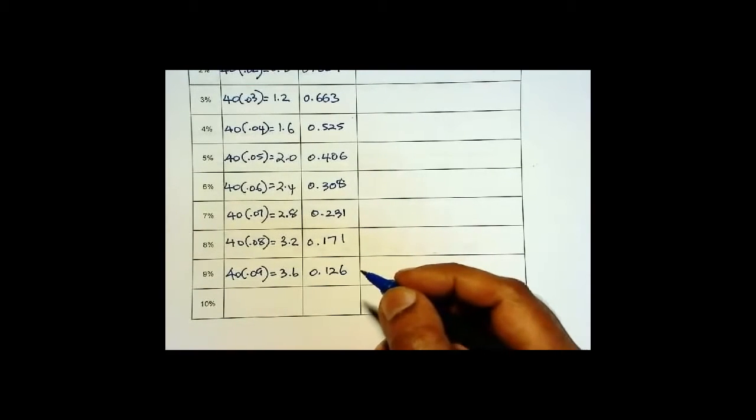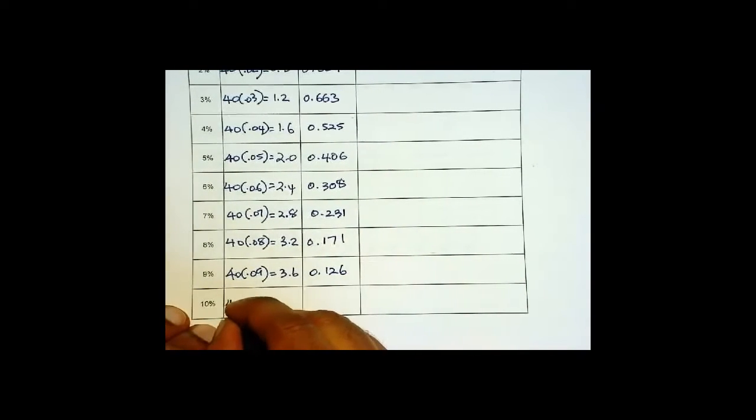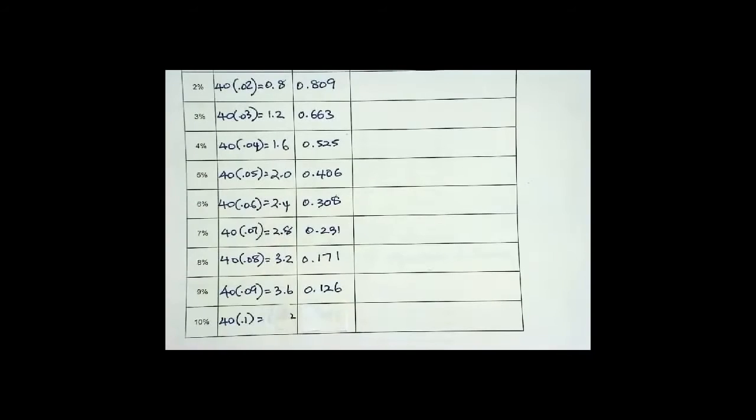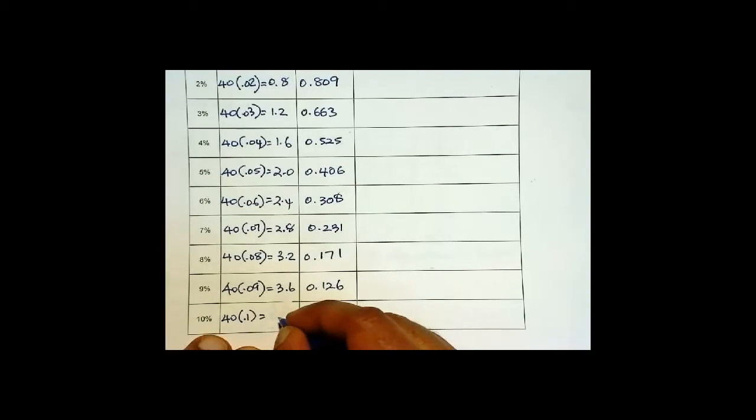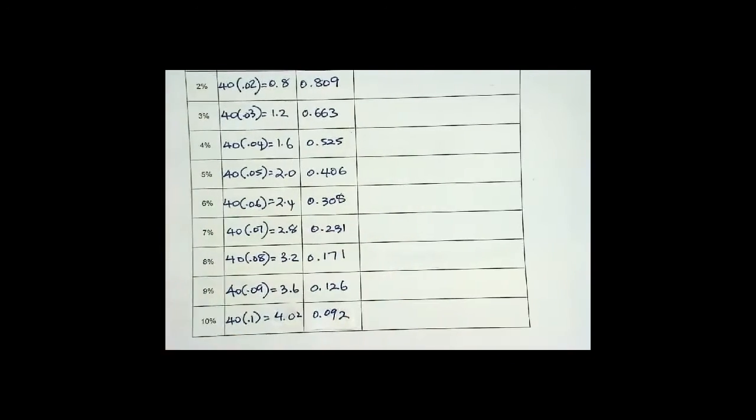You don't really need to go more than 10%. 10% is plenty. 40 times 0.1 is 4.0, and that is 0.092.